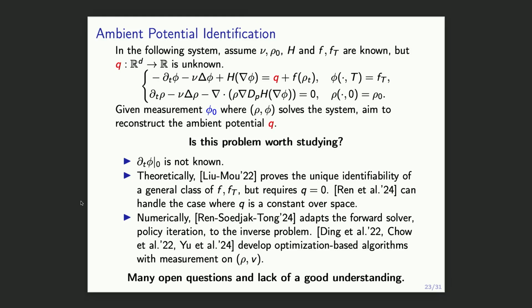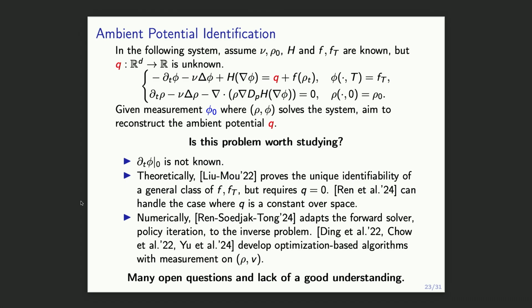And to make things concrete, we first look at a very, very special case of the inverse mean field game. We want to ask, if I have some ambient potential Q, this thing doesn't depend on the density, doesn't depend on the T, it only depends on the state.